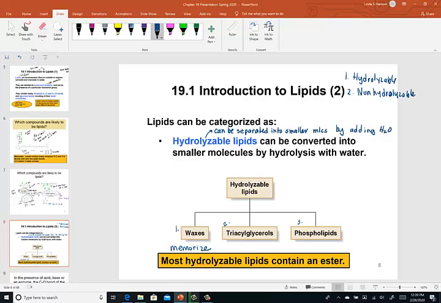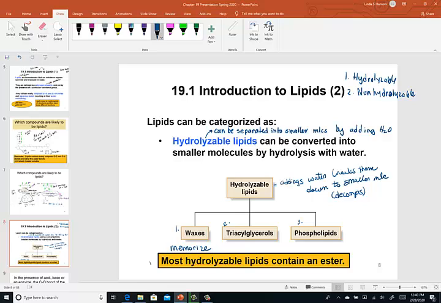And if they are hydrolyzable, I know it's a big word, but it just means adding water, breaking down to smaller pieces. It's kind of like a decomposition really, to break down into a smaller substance.